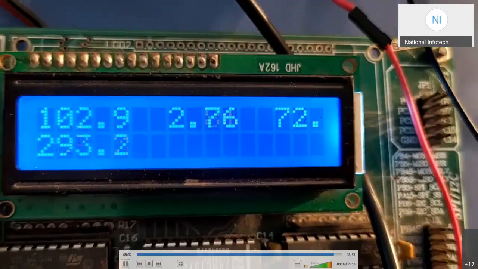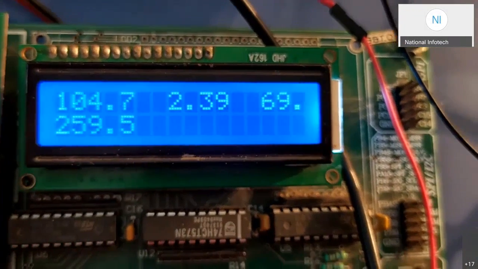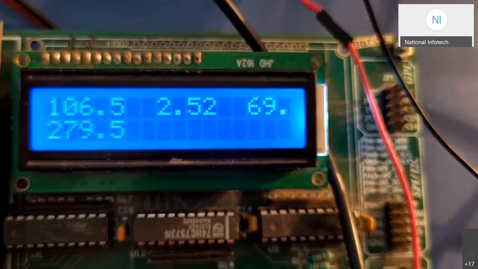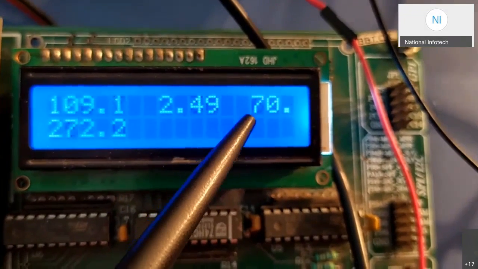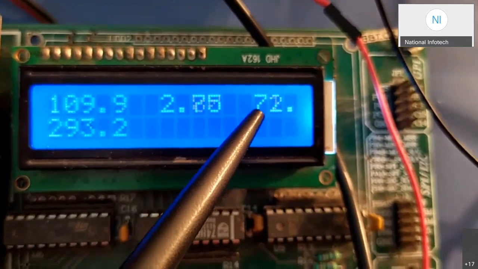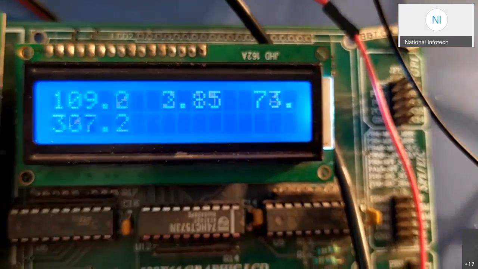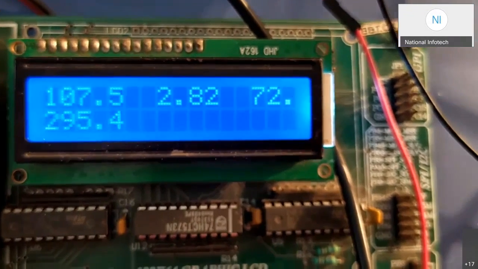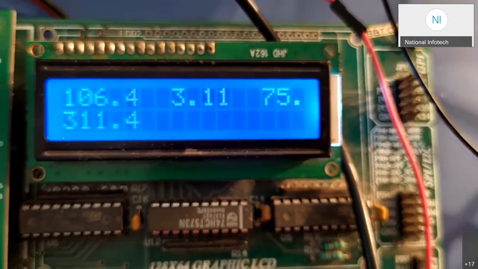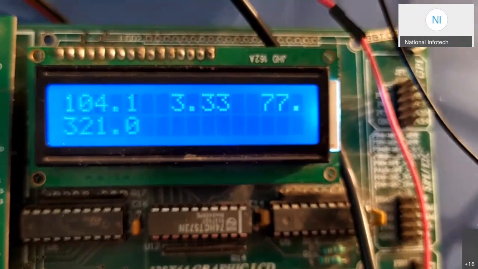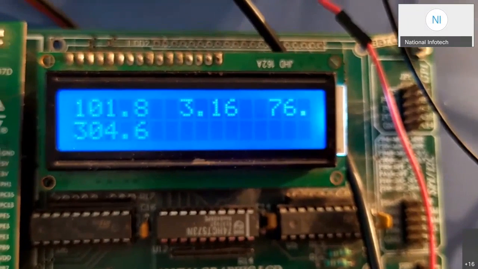This is a 73% duty cycle. So how can we say that our MPPT is properly working? You can see the MPPT is changing the duty in 3 steps. That is the verification of the MPPT working properly, which we have already seen in the simulation.